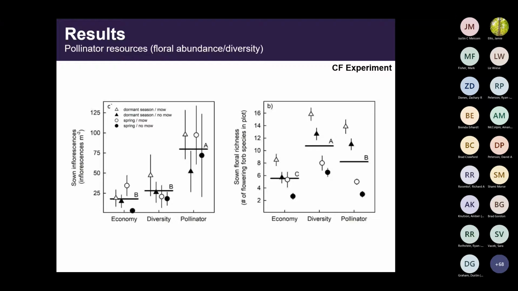With seed mixes, the forb-dominated pollinator mix did produce the most inflorescences, but the balanced diversity mix produced the most floral richness. Then mowing increased both inflorescence production and floral richness, and dormant season planting increased floral richness as well by quite a bit.